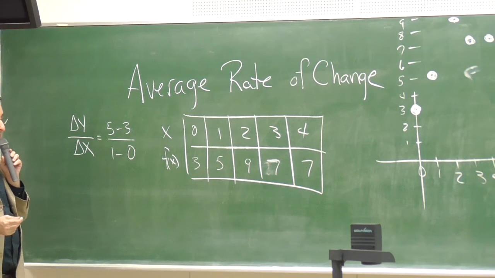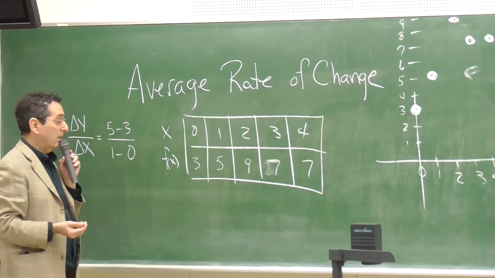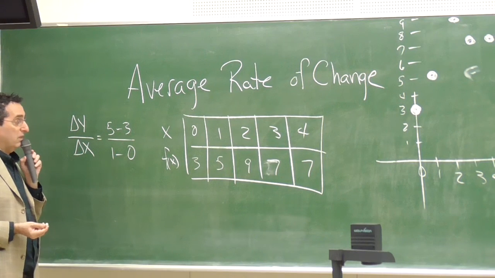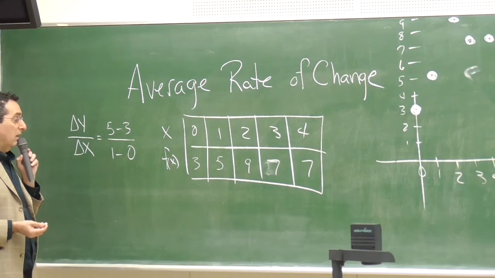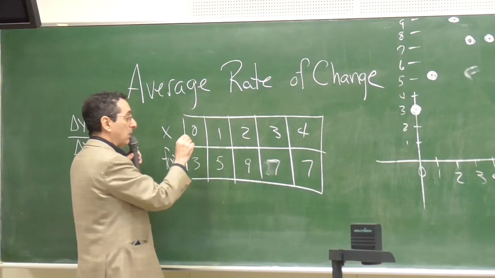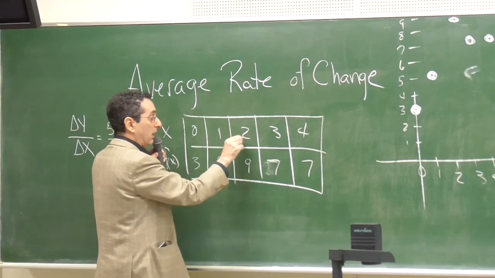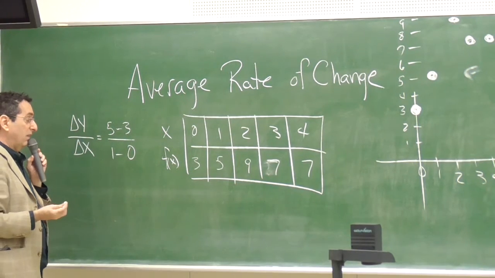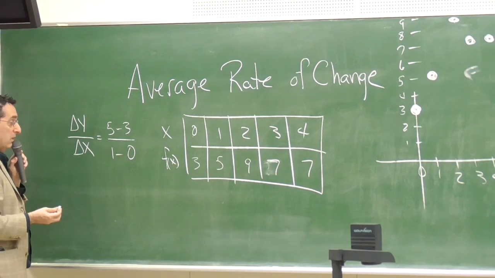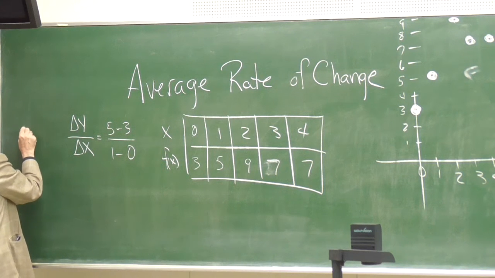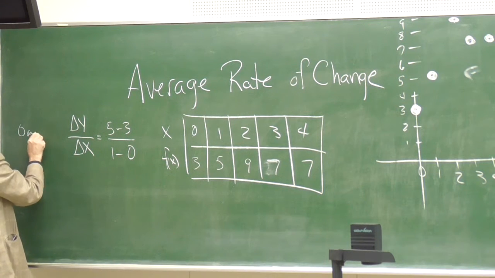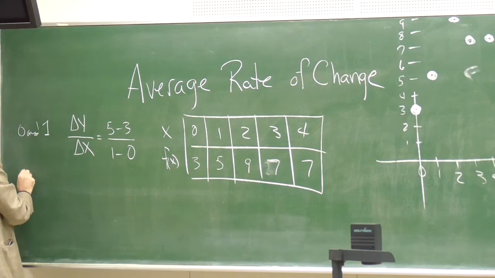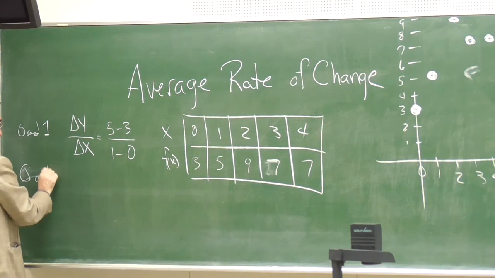But the average rate of change allows us to also ask, what's the average rate of change between 0 and 2? So this was from 0 and 1. How about 0 and 2?